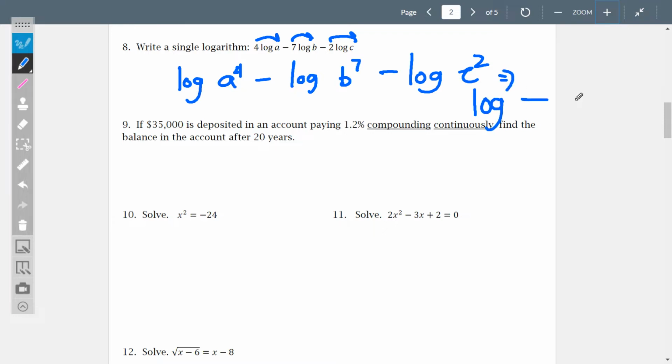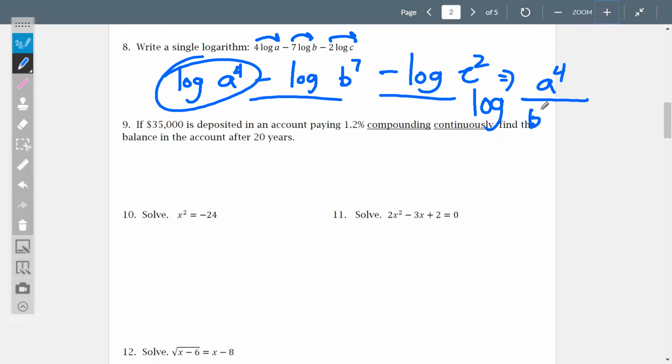So common log, and any of them that are positive will be in the numerator, and any of them that are negative will be in the denominator. So the a to the 4th is positive, but these are both negative, so they're both in the denominator, b to the 7th and c squared. So this is our answer, common log of a to the 4th over b to the 7th times c squared.